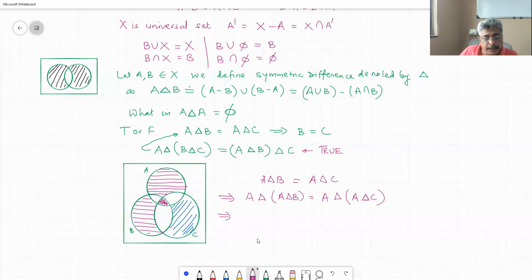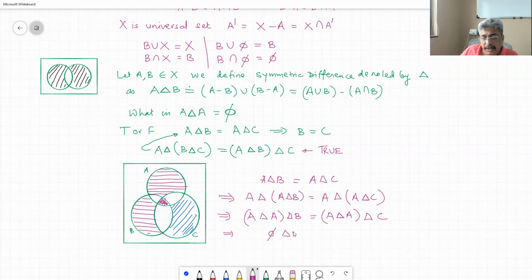Now using this property, you can flip that: A delta A delta B is equal to A delta A delta C. This implies A delta A, you said, is empty.